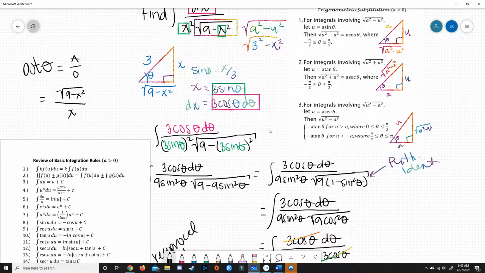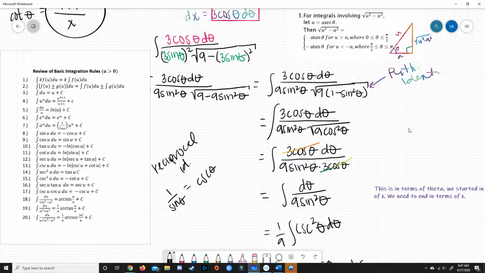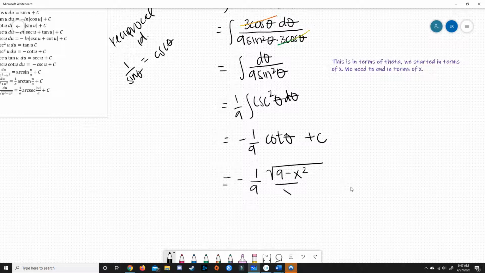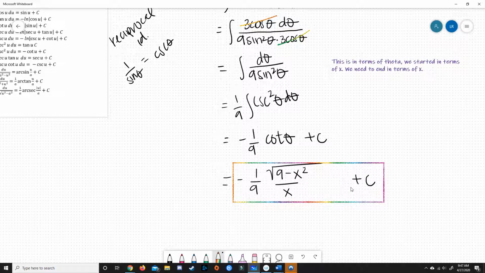So I can replace cotangent of theta with that. And when I replace cotangent of theta with that, this is what my final answer becomes: negative 1/9, the square root of 9 minus x squared over x plus c. That is my final answer using trig substitution.